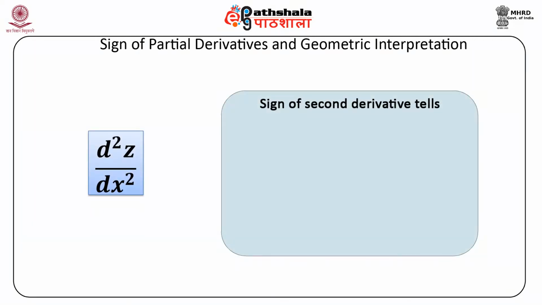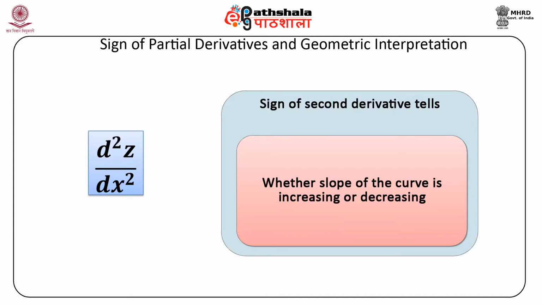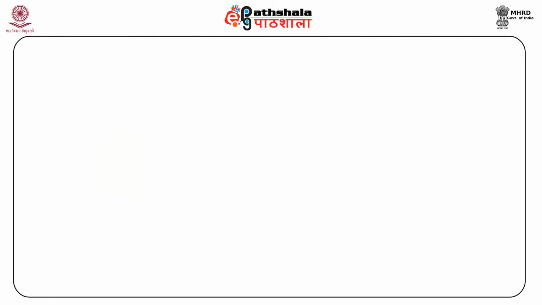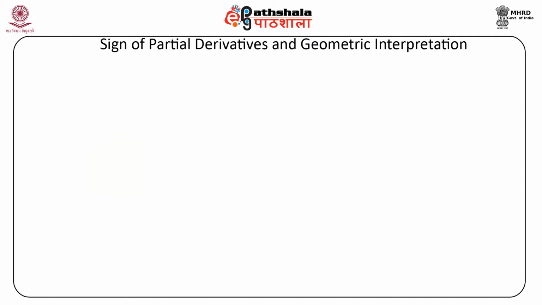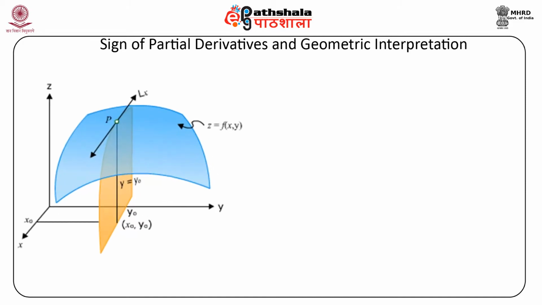The sign of the second derivative tells whether the slope of the curve is increasing or decreasing at the point in question. Given the function z = f(x, y), the signs of various partial derivatives can be similarly interpreted.